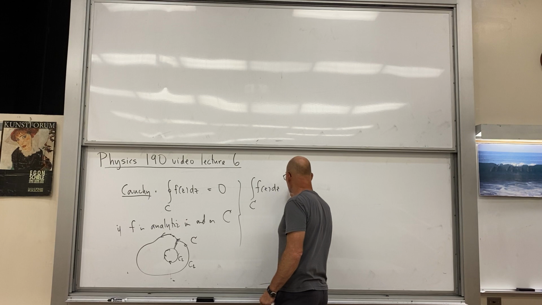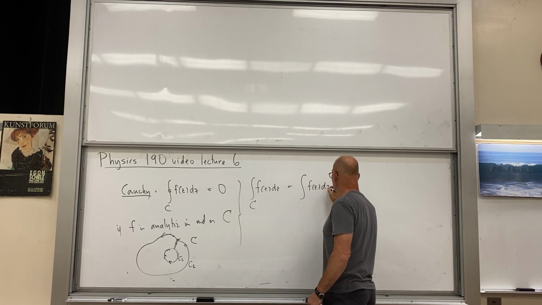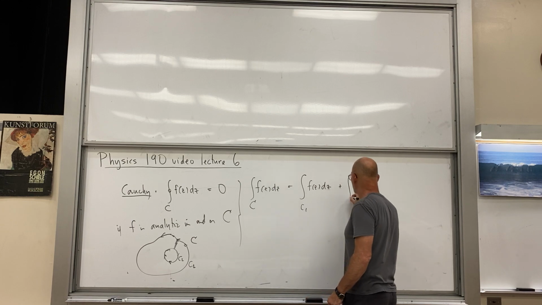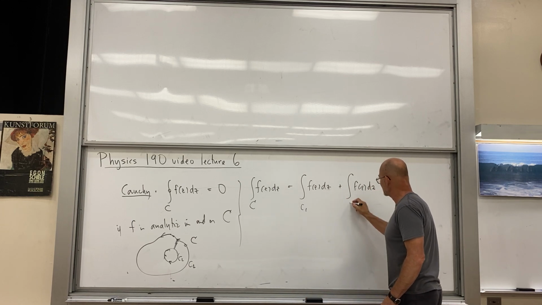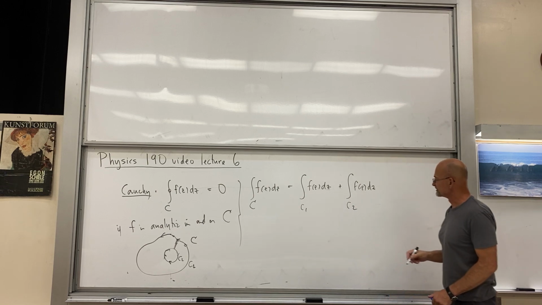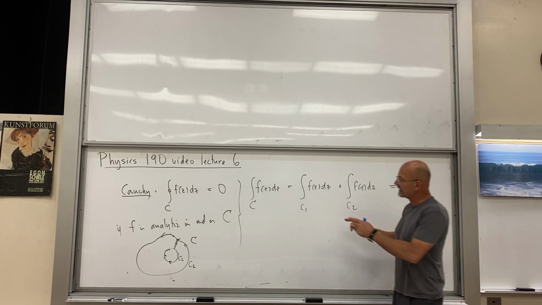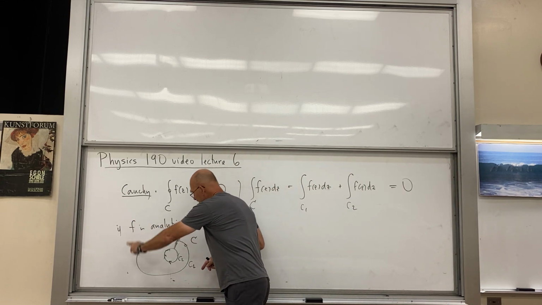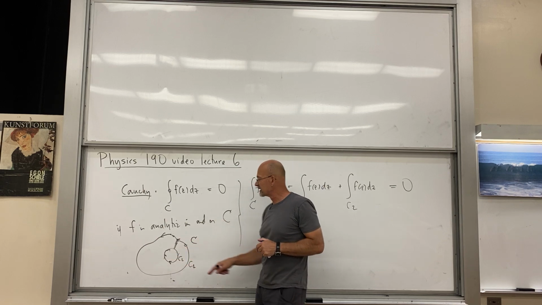The total one here is equal to the integral of f of z dz on C sub 1 plus the integral of f of z dz on C sub 2. That's still equal to 0, and therefore the outside one is equal to the negative of the inside one. Okay.